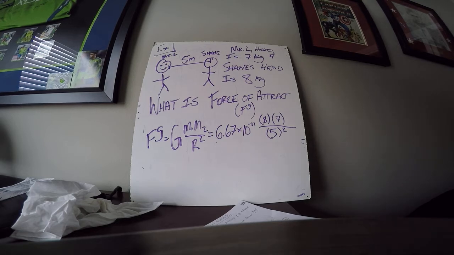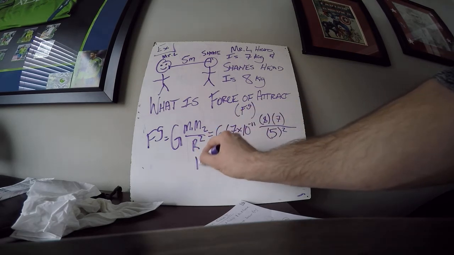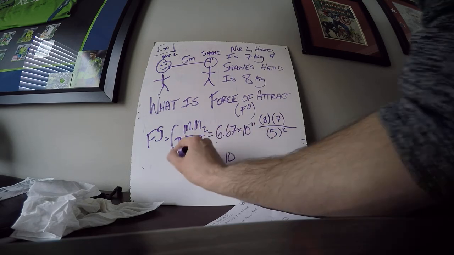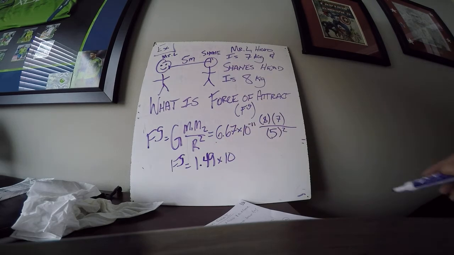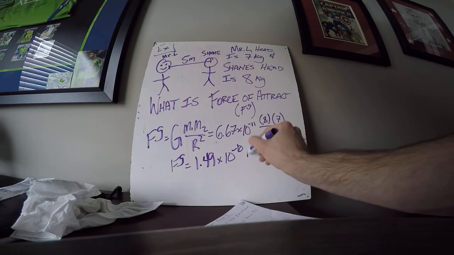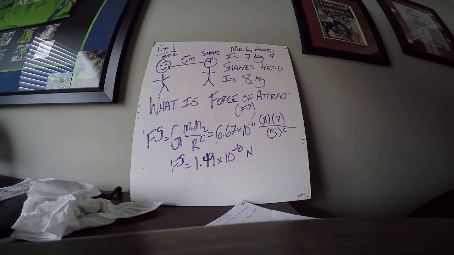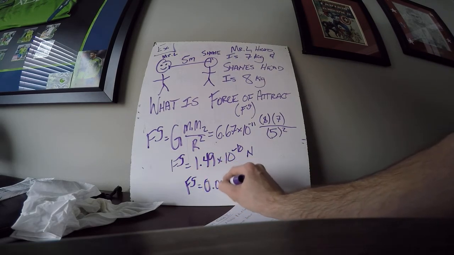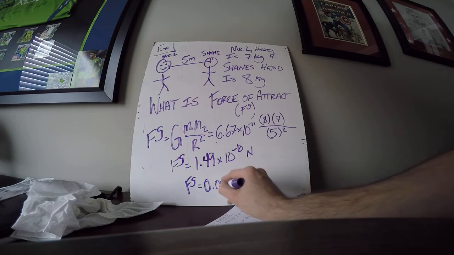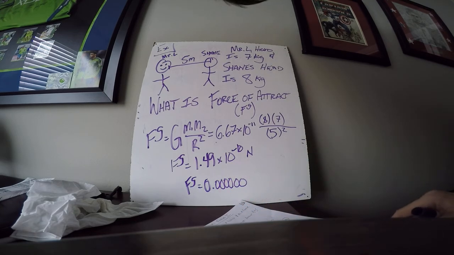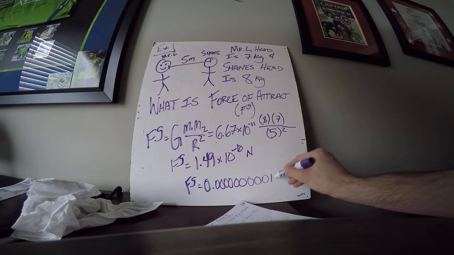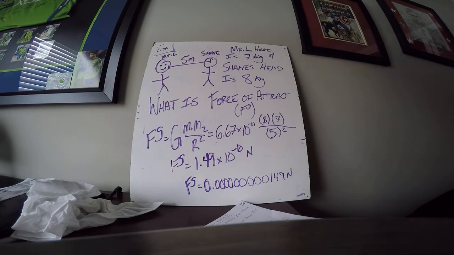Doing a little math, you get 1.49 times 10 to the negative 10th newtons. Yeah, there's not very much force there. That would also be known as force of gravity equals 0.000000000149 newtons. Love you, Shane, but it's not that much.